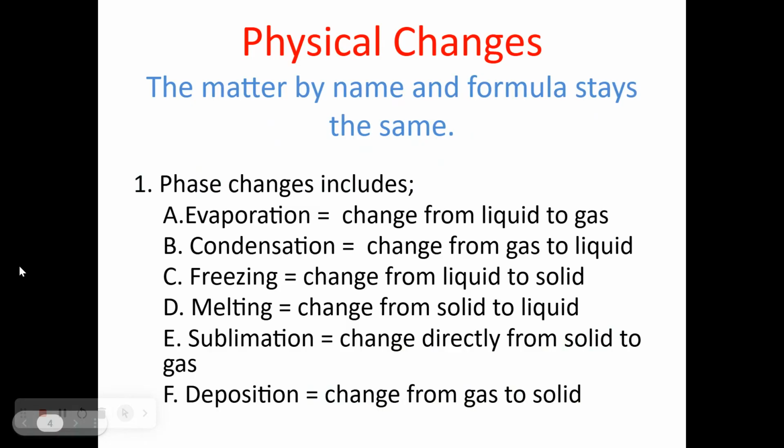All right, we have some further examples of physical changes. So you'll see in the note sheet, this is C on your note sheet. And we're first going to look at some phase changes. So these are 6 different phase changes, and I would like to review the names for these phase changes. You're first going to see here their names and then a description in words of what's happening.